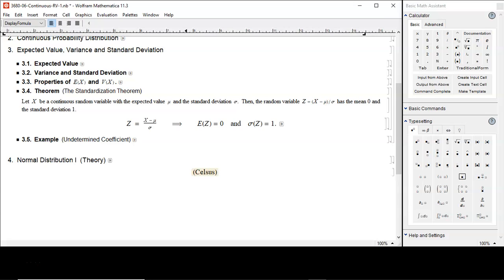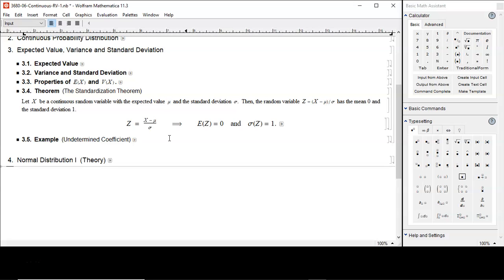Celsius degree is Fahrenheit degree minus 32 over 1.8, the conversion factor. So it's just scaling. The hotter it is in Fahrenheit, the hotter it is in Celsius, and vice versa. It's nothing more than scaling. The same thing is going on here.